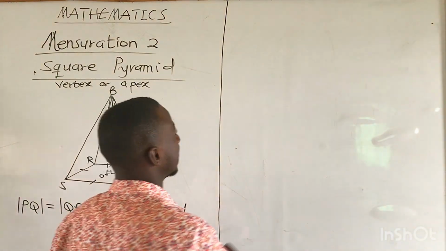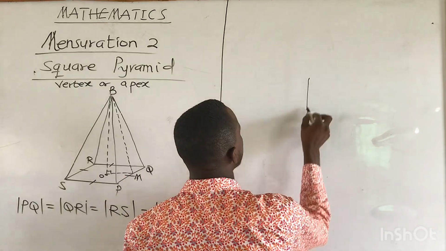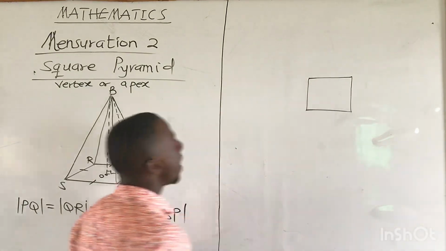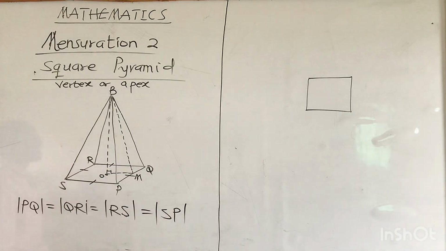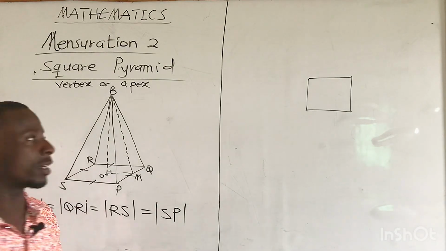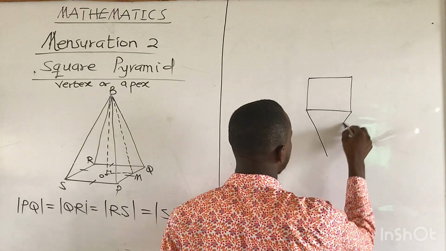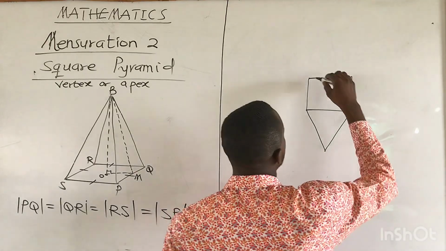So this is how the net looks like. So we have the base, which is a square. Then every square pyramid has 4 triangles. So we have the first triangle this way. We have another triangle here.